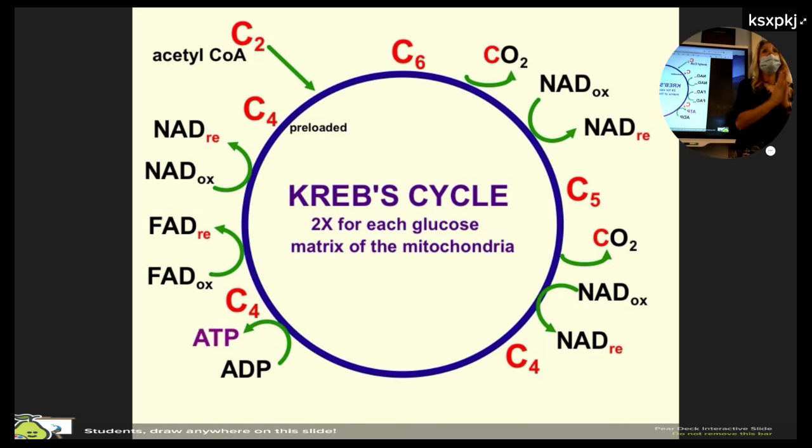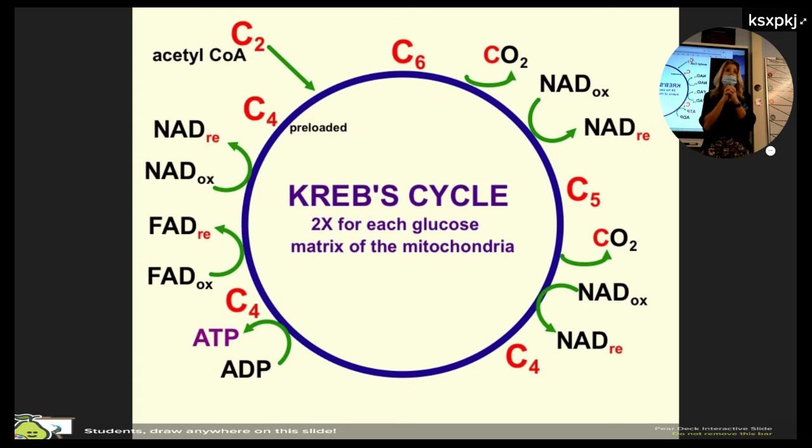The Krebs cycle makes us ATP. How many ATP does it make? 1 per turn. And how many times are we going to do this? Twice. So when we're done with the Krebs cycle with our 2 acetyl-CoAs, we will have 2 ATP.